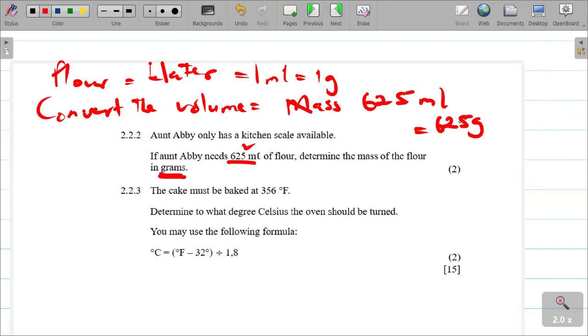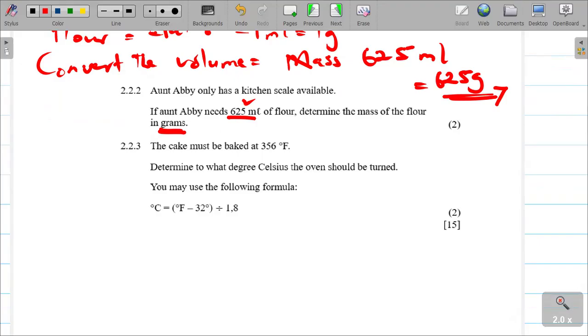Since it is approximately the same, that is going to give us 625 grams, because 1 milliliter is equal to 1 gram. So it is directly proportional.